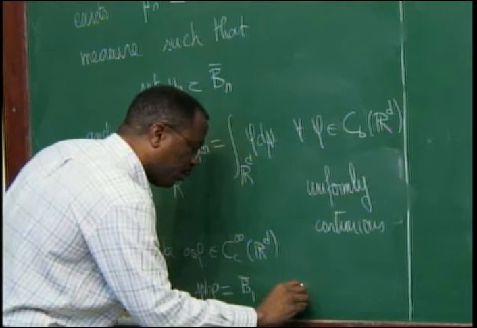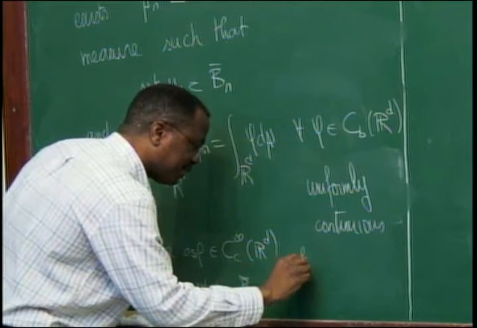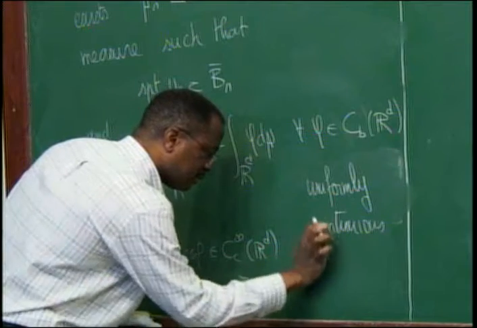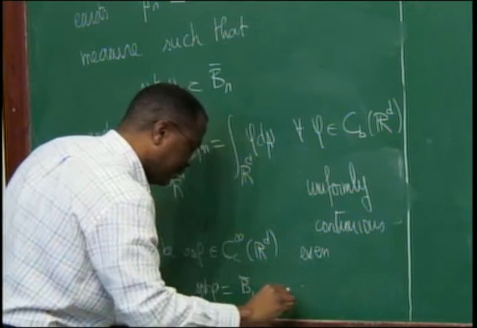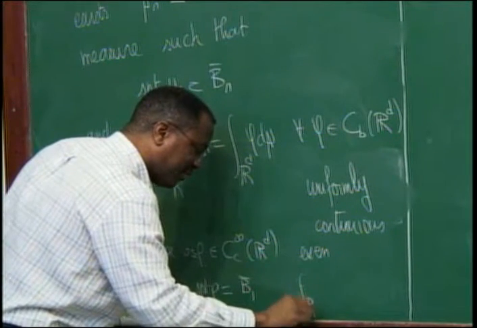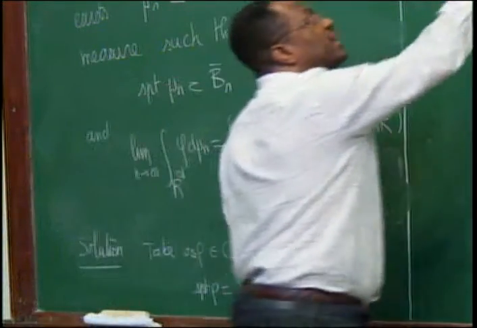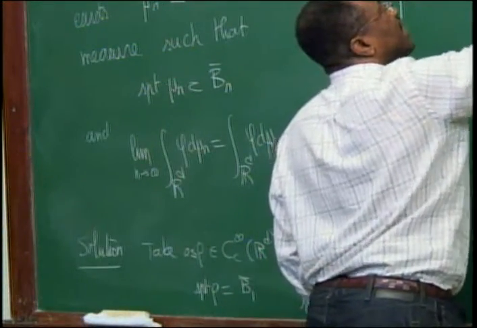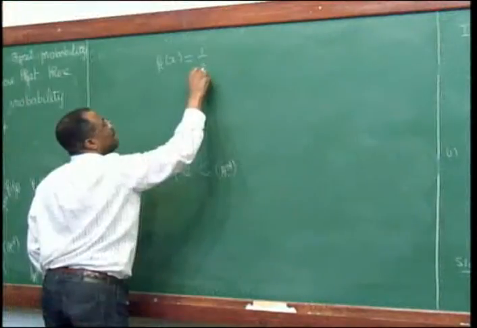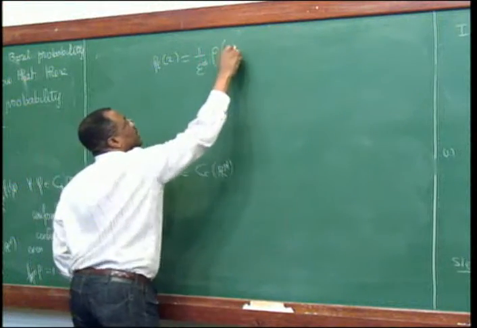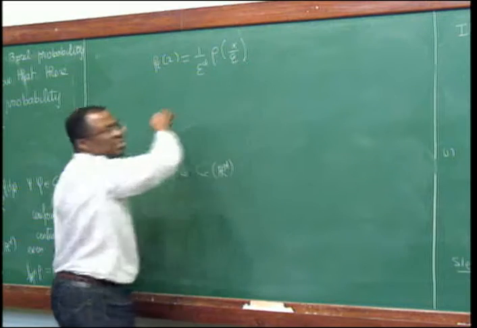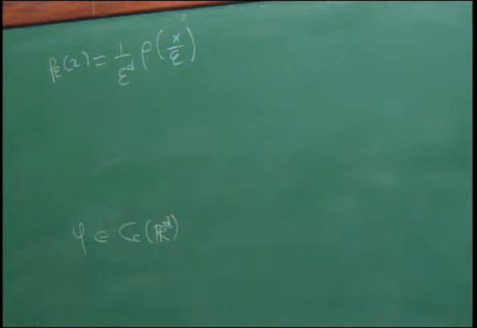And rho is even. And the integral over R^d of rho is 1. So set rho_epsilon of x to be 1 divided by epsilon to the power d, rho of x over epsilon. So this is a standard mollifier.